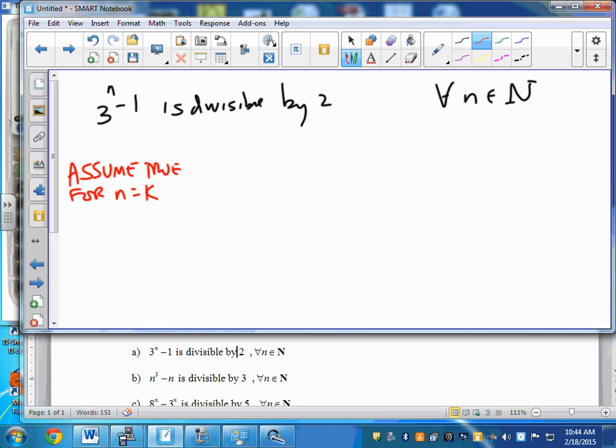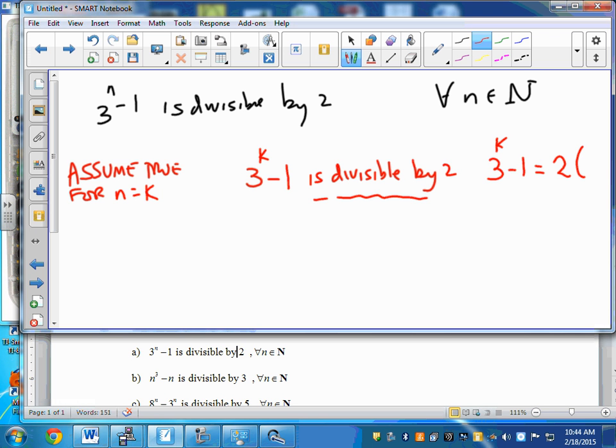Now what does that mean in this case? It means 3 to the k minus 1 is divisible by 2. Frankly, there's probably a better way of writing this. I'm going to write it this way. 3 to the k minus 1 is going to be 2 times some quantity, and I'll just use a for a quantity.